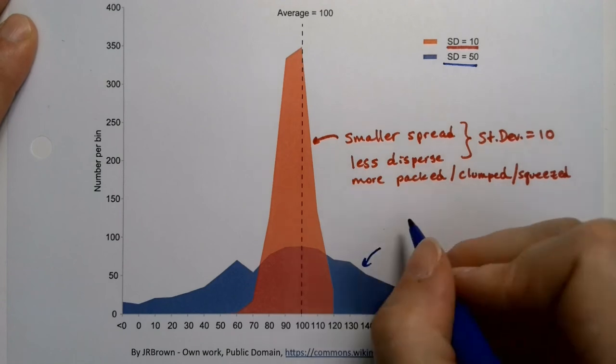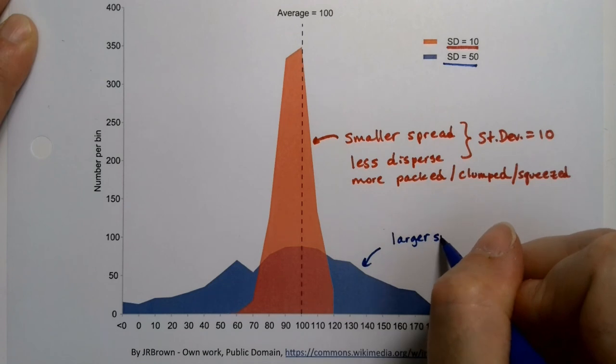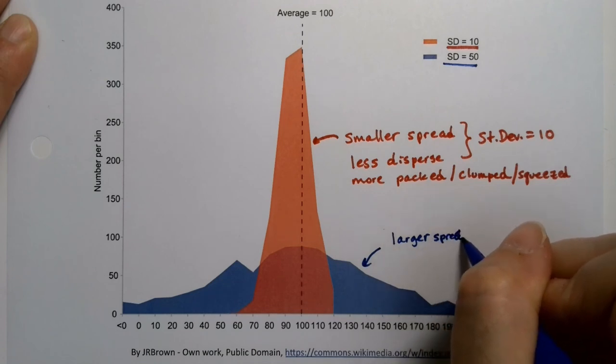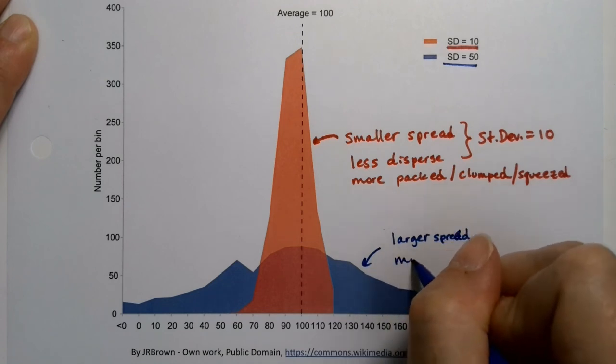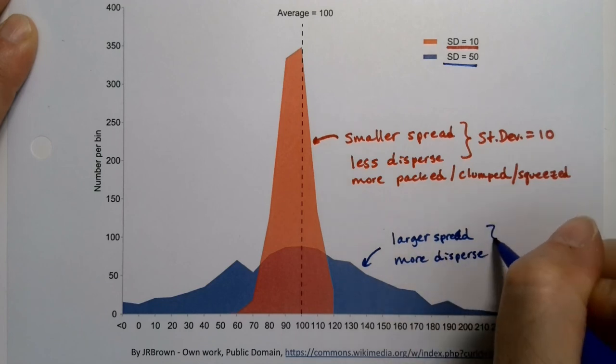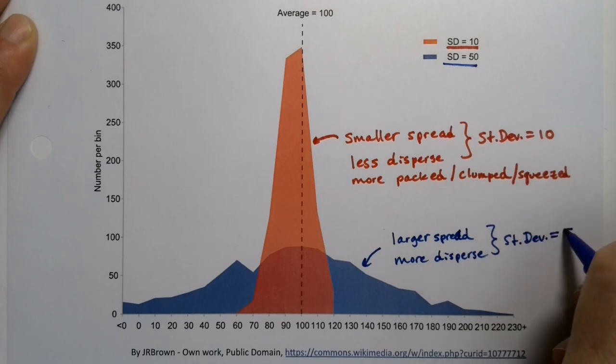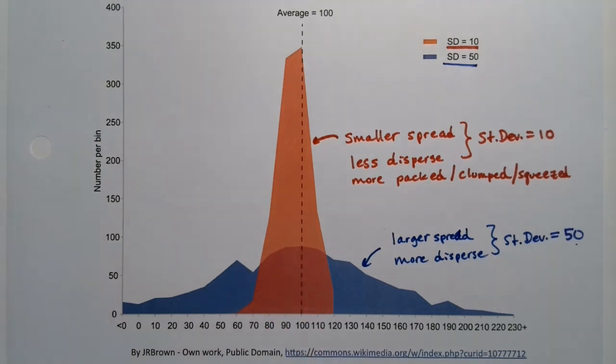So that blue curve has a larger spread. Larger spread, it's more dispersed. And that's why the standard deviation is 50, which is a larger number. 50 is larger than 10. The blue curve is more spread out than the red curve.